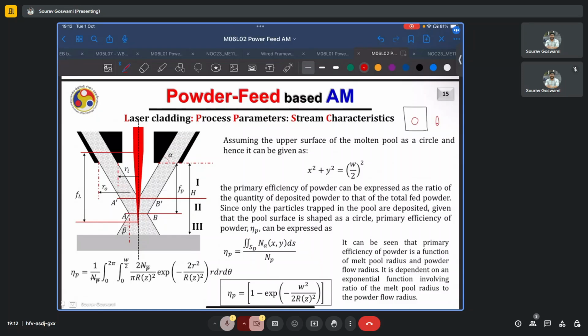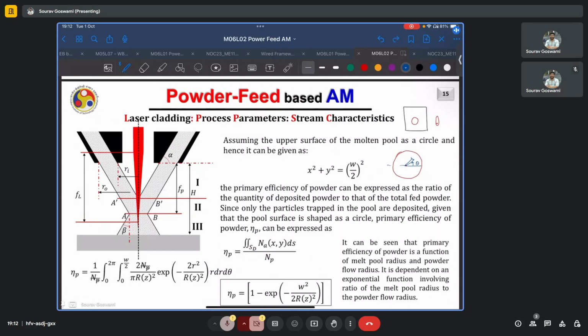And since only the particles trapped in the pool are deposited, given that the pool surface is shaped as a circle, the primary efficiency of the powder, eta P, can be expressed as double integral N(x,y) ds by Np, and when it is further simplified over that circle, so for this circular region, as I'm moving out from the center, say at some distance r at an angle theta, we are taking a section.